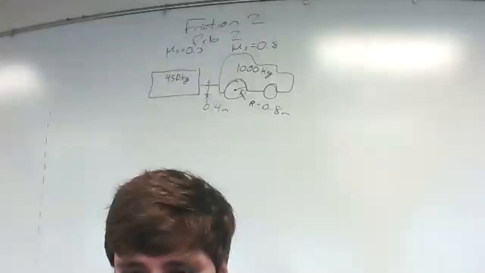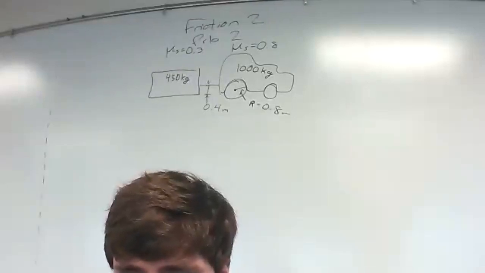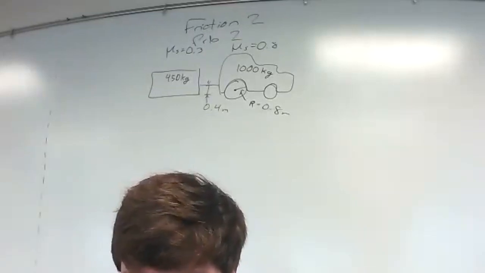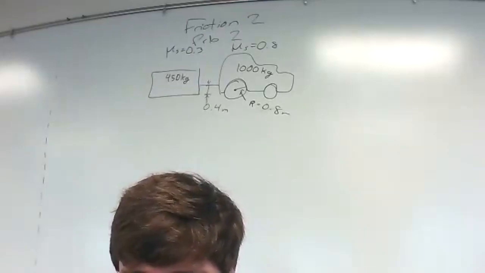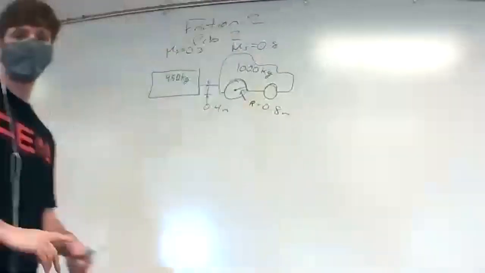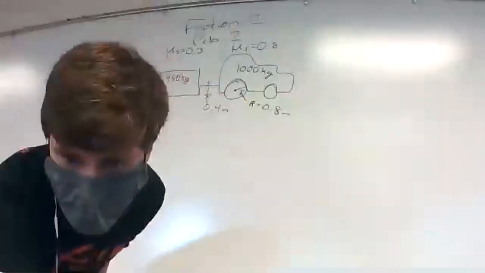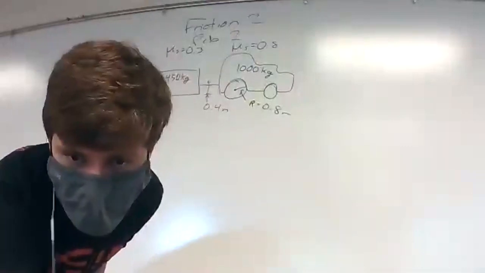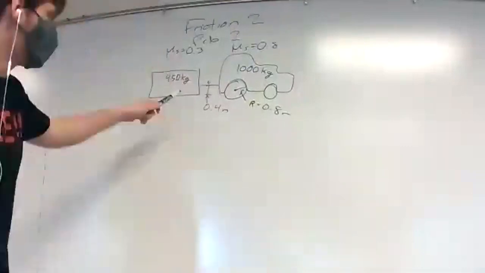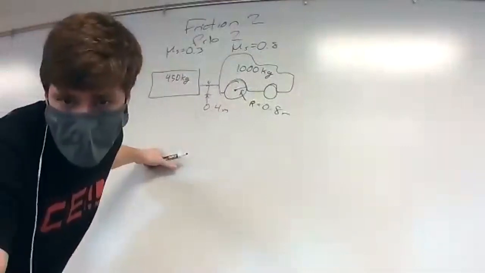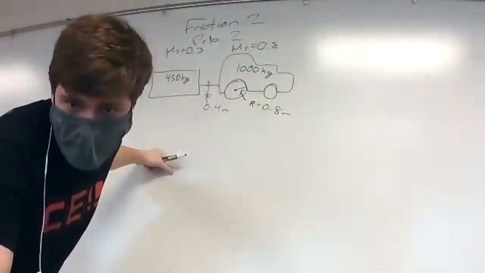Okay, can you see the board now, Amanda? Okay, awesome. So we have the tractor pulling the box, and we have the masses of both, and we know that the system is starting from rest.